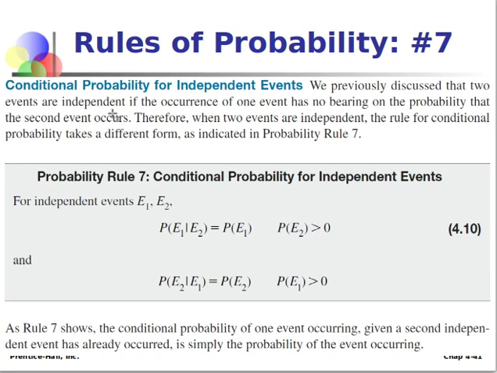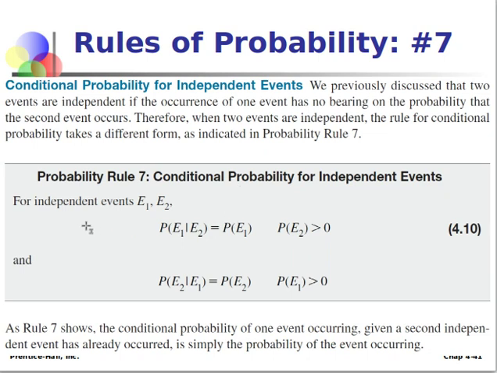Therefore, when two events are independent, the rule for conditional probability takes a different form as indicated in probability rule 7, conditional probability for independent events.